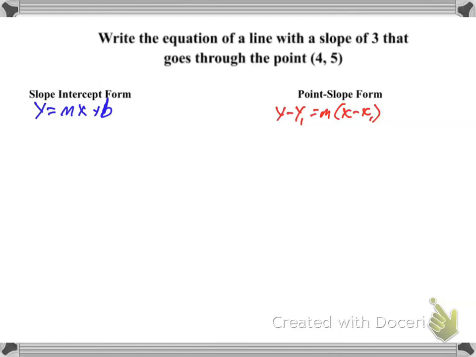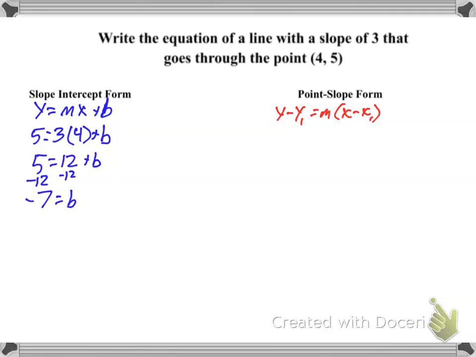So y is 5 equals m, my slope, which is 3, times x from the problem there is 4 plus b, which I have no idea, so plus b. So we multiply that together, so 5 equals 12 plus b. Subtract the 12 from both sides, and so minus 12. And I end up with negative 7 equals b.